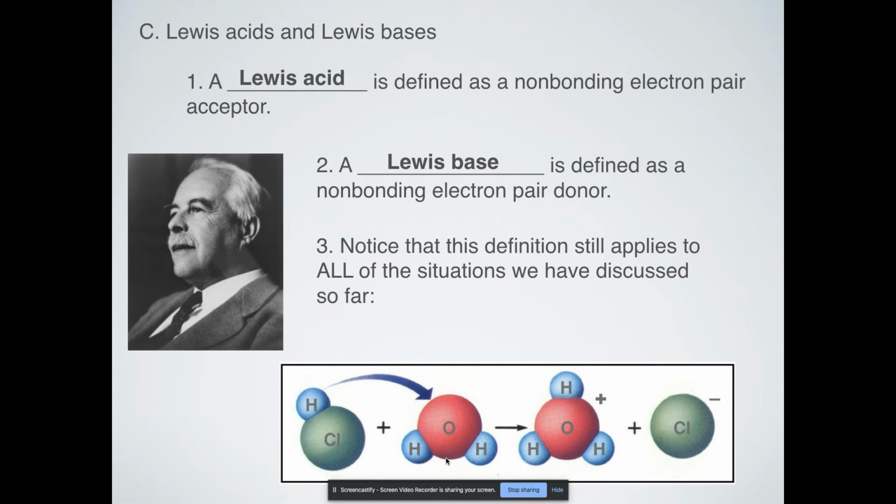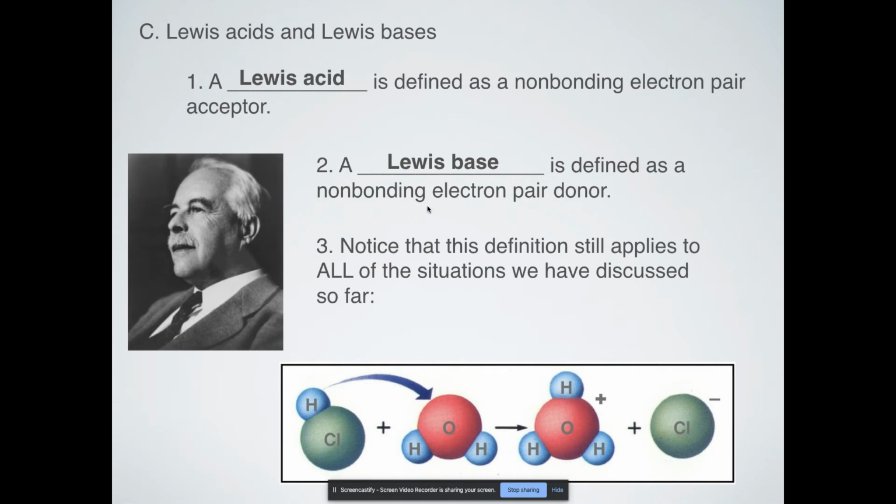Notice, still works. It's just now instead of looking at hydrogens, we're looking at electrons. So we're looking at the opposite. So a lot of times people say, oh, look, Lewis acid is totally the opposite. It says acceptor, where that was actually the base. Or it says, oh, look, Lewis bases, it's the donor, where that was the actual definition of the Bronsted-Lowry acid.